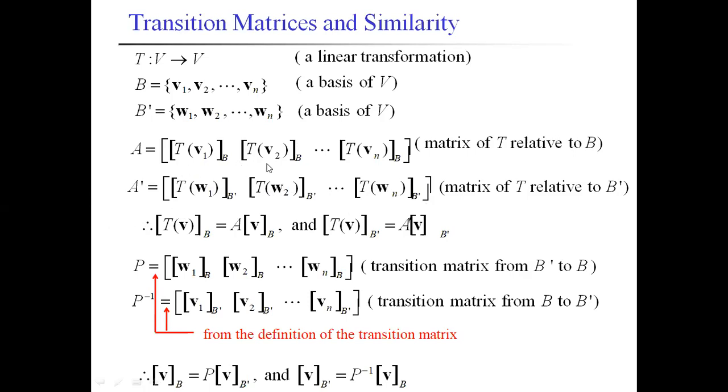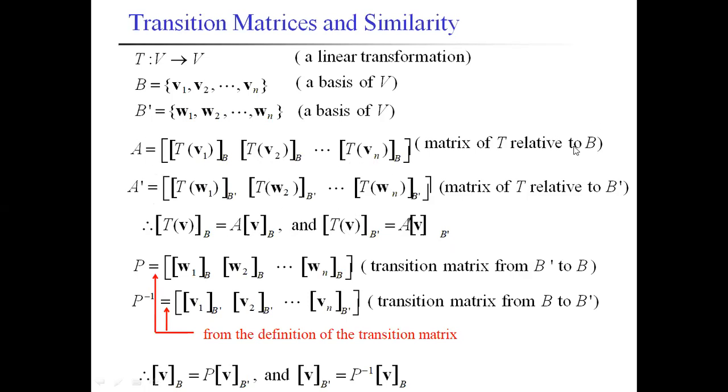By using the first basis B, T of V relative to the basis B is equal to A into the coordinate matrix of V relative to the basis B. And for the matrix A dash of T, T of V relative to B dash is equal to A dash into the coordinate matrix of V relative to the basis B dash. By using the basis B, we can write this formula.